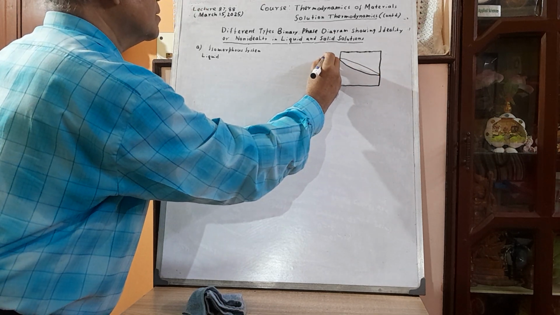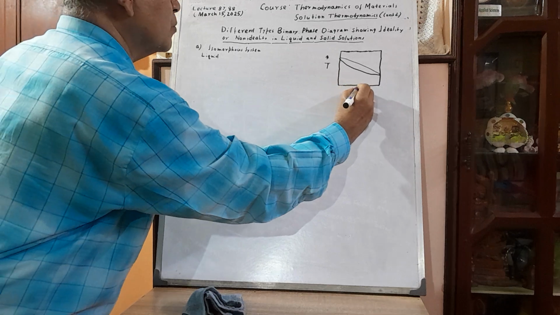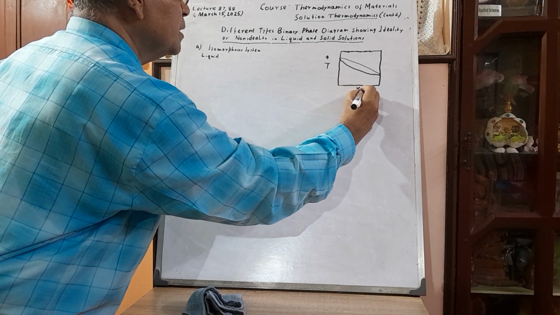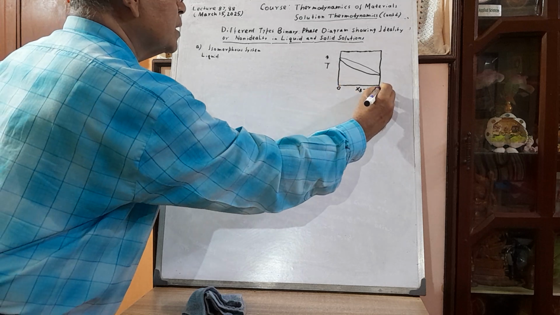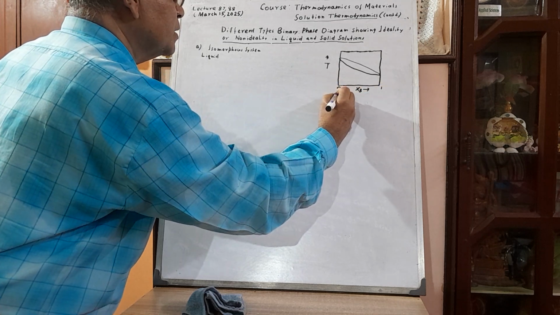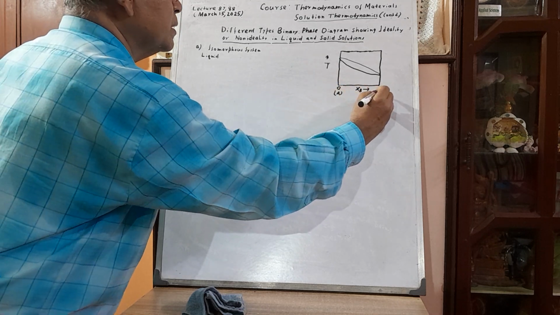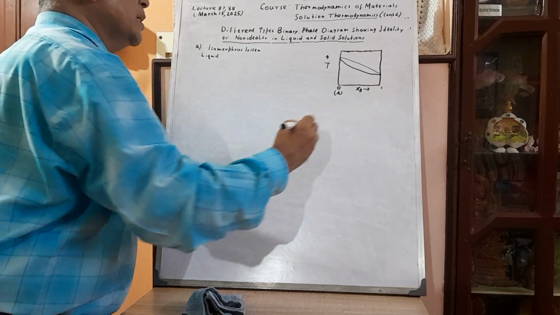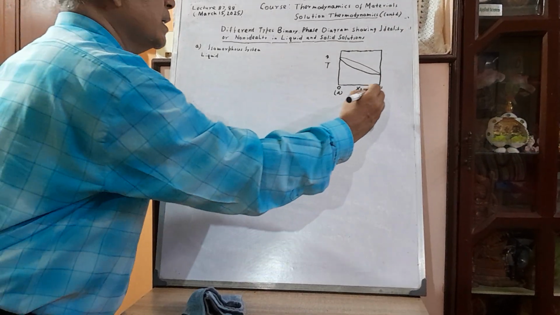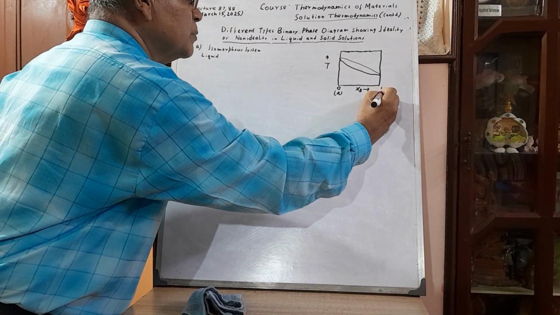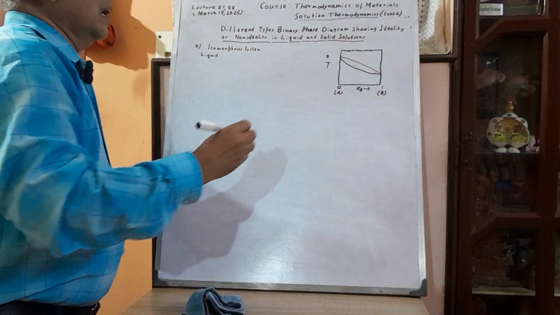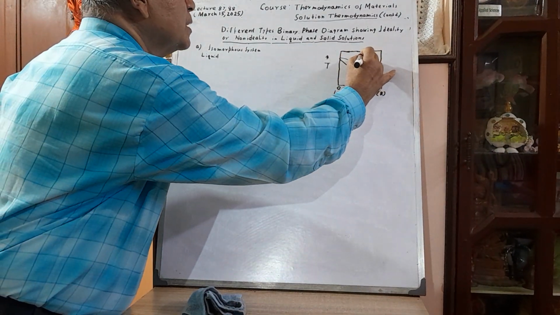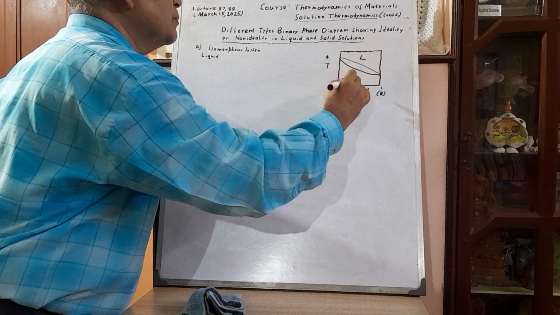Temperature on the y-axis, mole fraction of B in the binary system AB, 0 to 1 here. 0 means xB is 0 and xA is 1, and xB is 1 means it is pure B. This is pure A. This is the liquid solution, liquid phase.